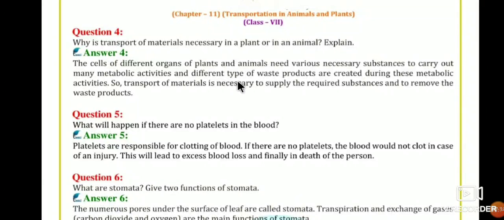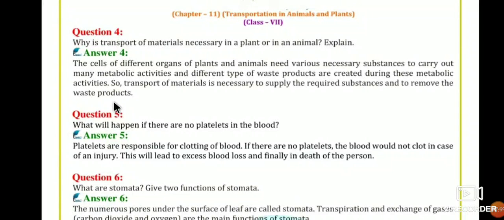And different types of waste products are created during these metabolic activities. So transport of material is necessary to supply the required substances and to remove the waste products.